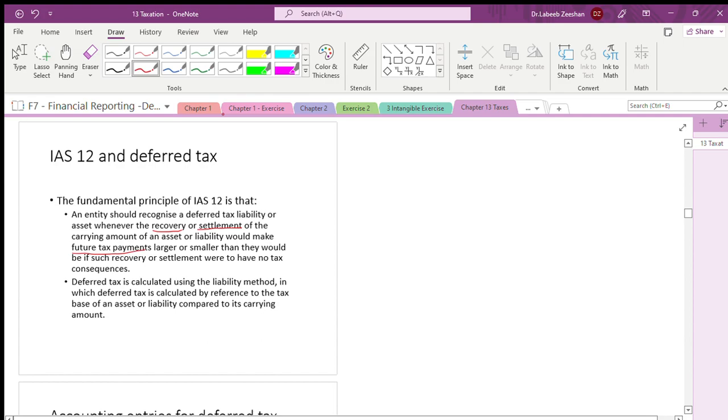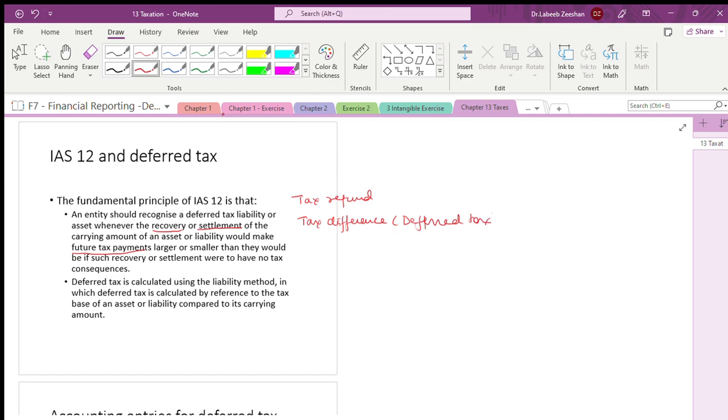Sometimes they will have a tax refund, if you are paying excess tax. Sometimes you have to pay additional tax. That tax difference is called deferred tax.